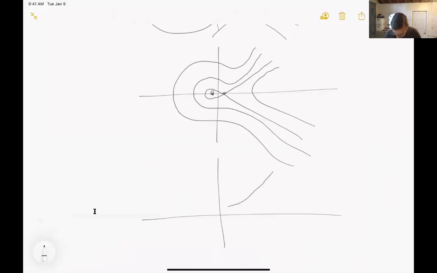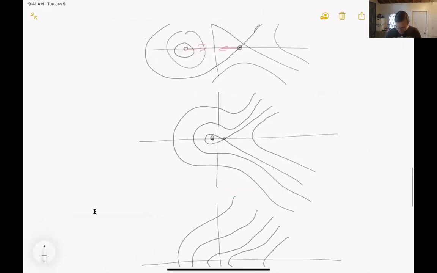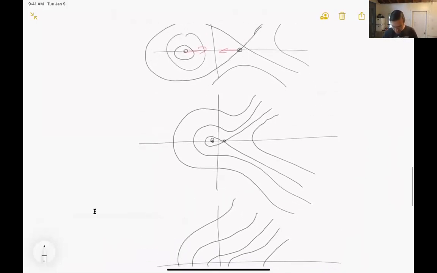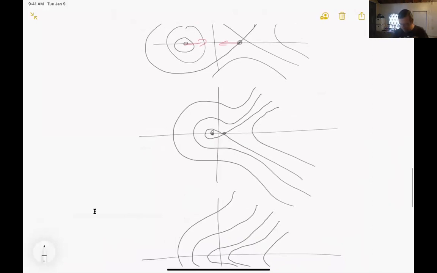So things will look just kind of like this. I hope you can see I've tried to draw a cartoon here of what would happen as we vary those equilibrium points as they get closer and closer together and then eventually cancel. And then we have no equilibrium points.